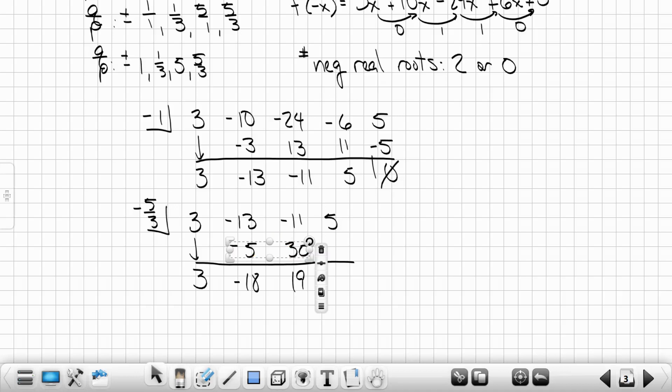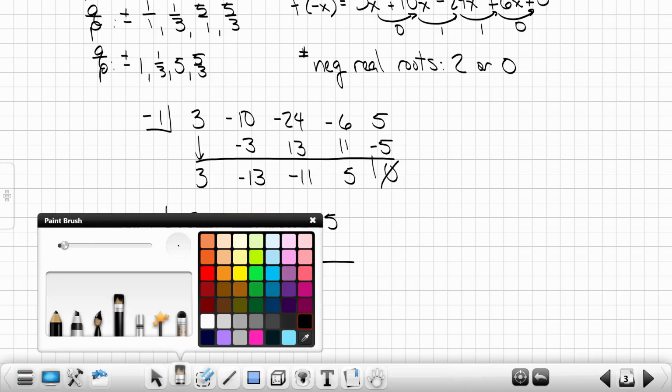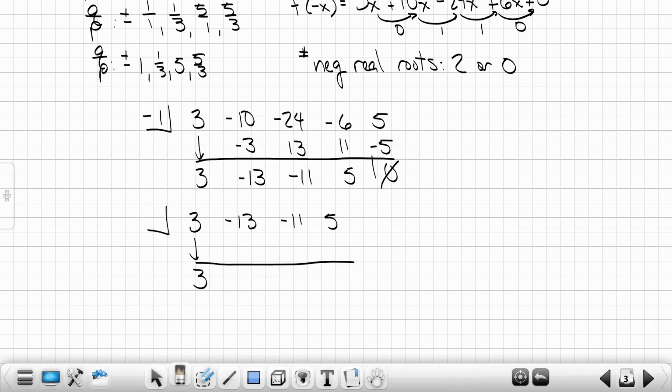Did I do something wrong? We have to get it to 0, but since that's 19, and 19 doesn't divide by 3, I can't cancel that +5.